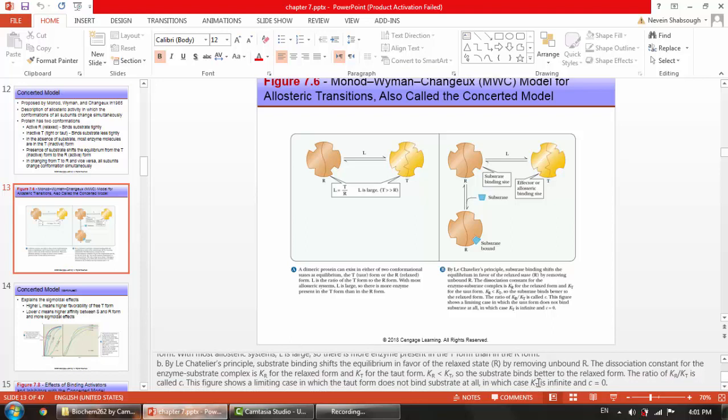What does this mean? It means that the substrate binds better to the relaxed form. The ratio Kr divided by Kt is called C, and when C equals 0, it means that Kt is infinite, and this means that the substrate will not bind the T form at all. This is the explanation.